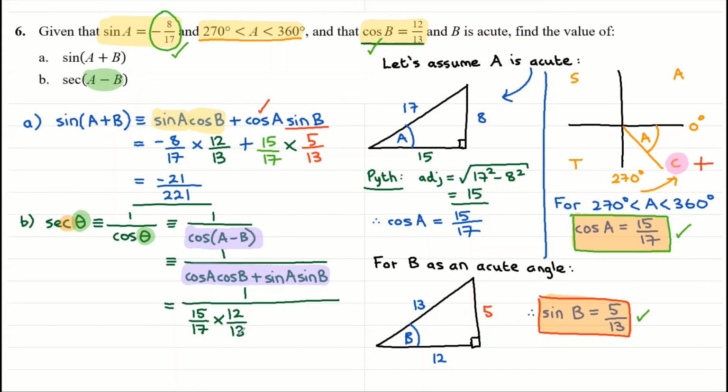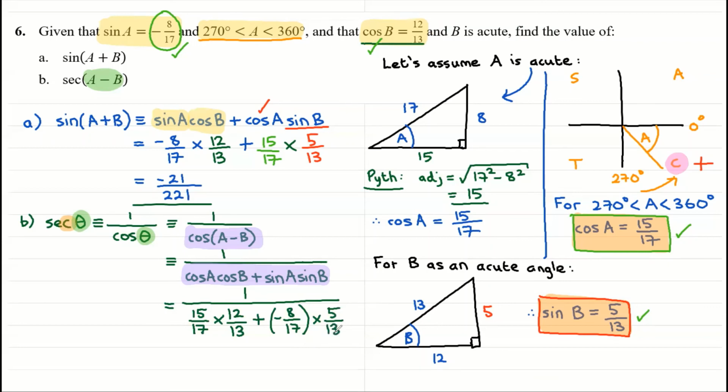Okay, and then we're going to add the sine of A, which is negative. So we've got to be careful here. Let's put that in a bracket. Negative 8 over 17. Like that. And we're multiplying that by sine B, which is, of course, 5 over 13. Like so.